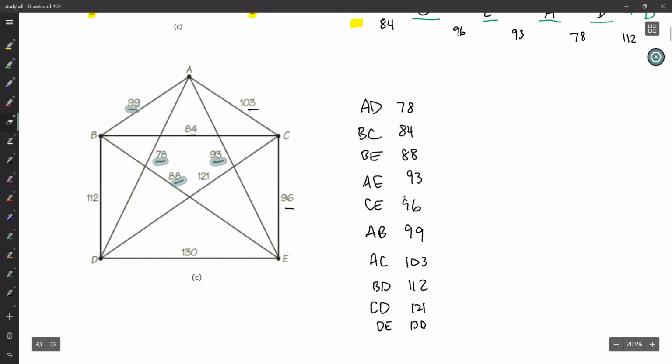All right. So remember, for the sorted edges algorithm, we're going to have the procedure here. First off, the first is that put them in order. So that's done. Next thing is we always use the 2 shortest. So we're going to use AD and BC. I'm going to go ahead and highlight those.